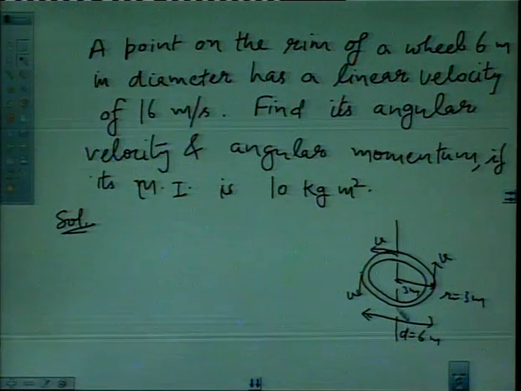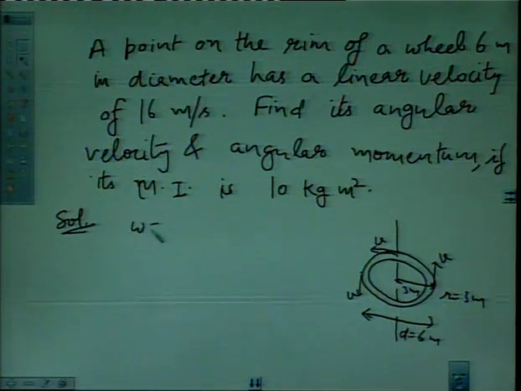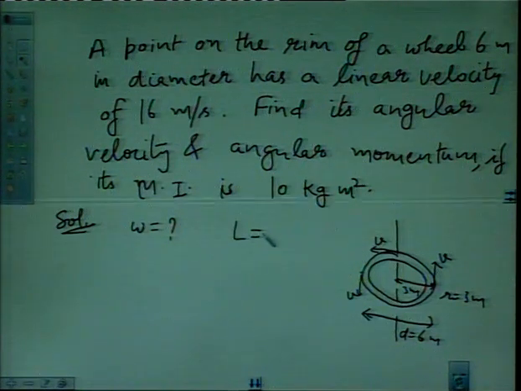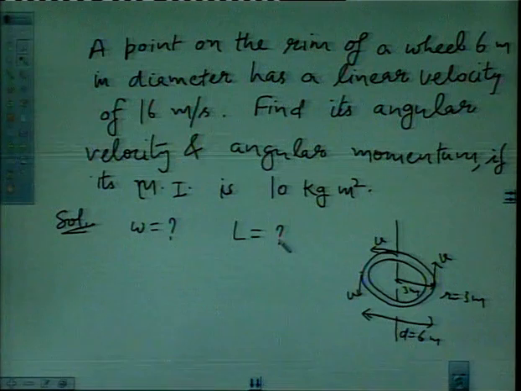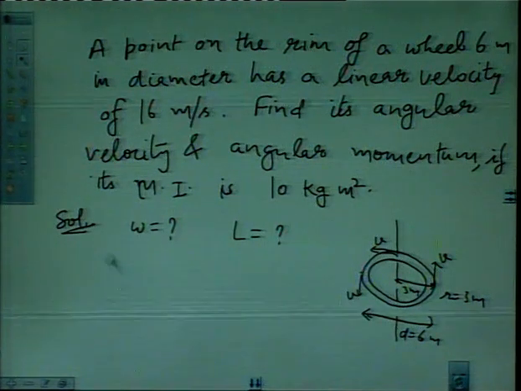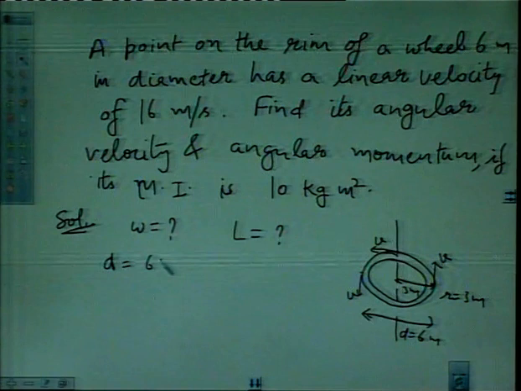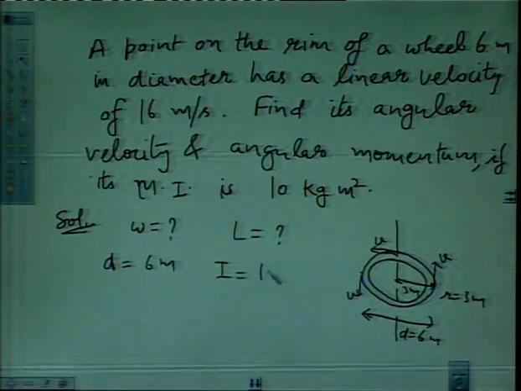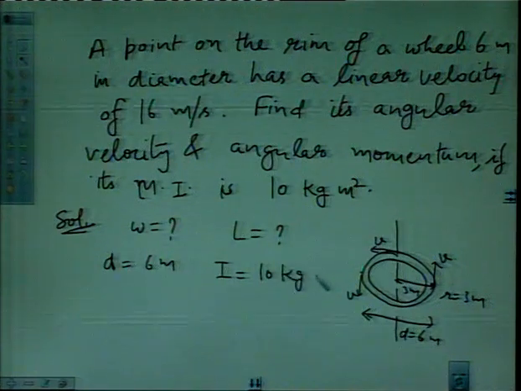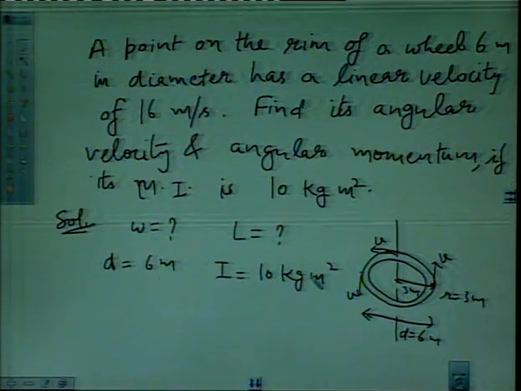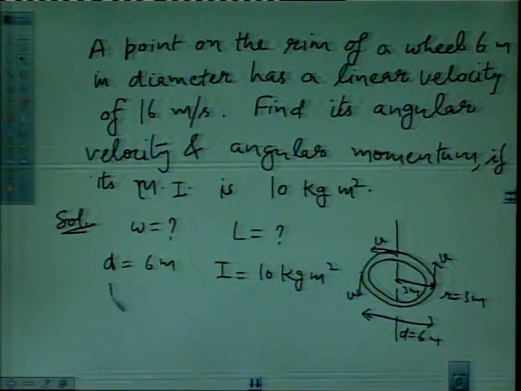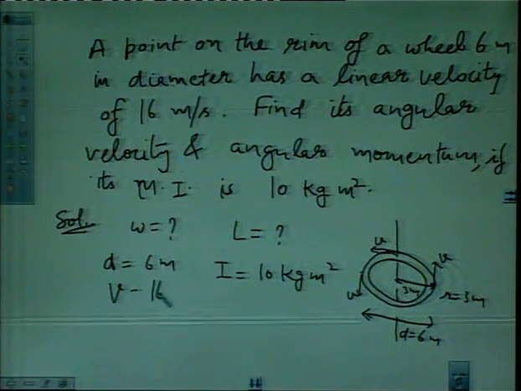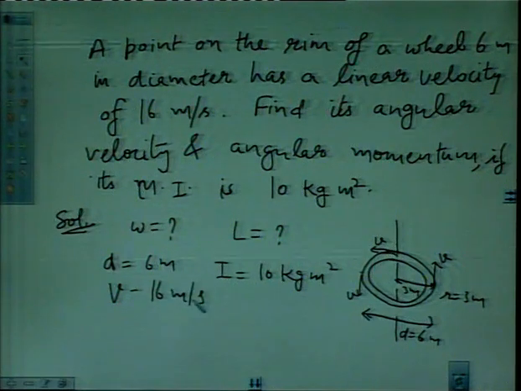Now, we have to find its angular velocity omega and its angular momentum L. Here we are given the diameter is equal to 6 meter and its moment of inertia I is equal to 10 kilogram meter square, and its linear velocity v is equal to 16 meter per second.